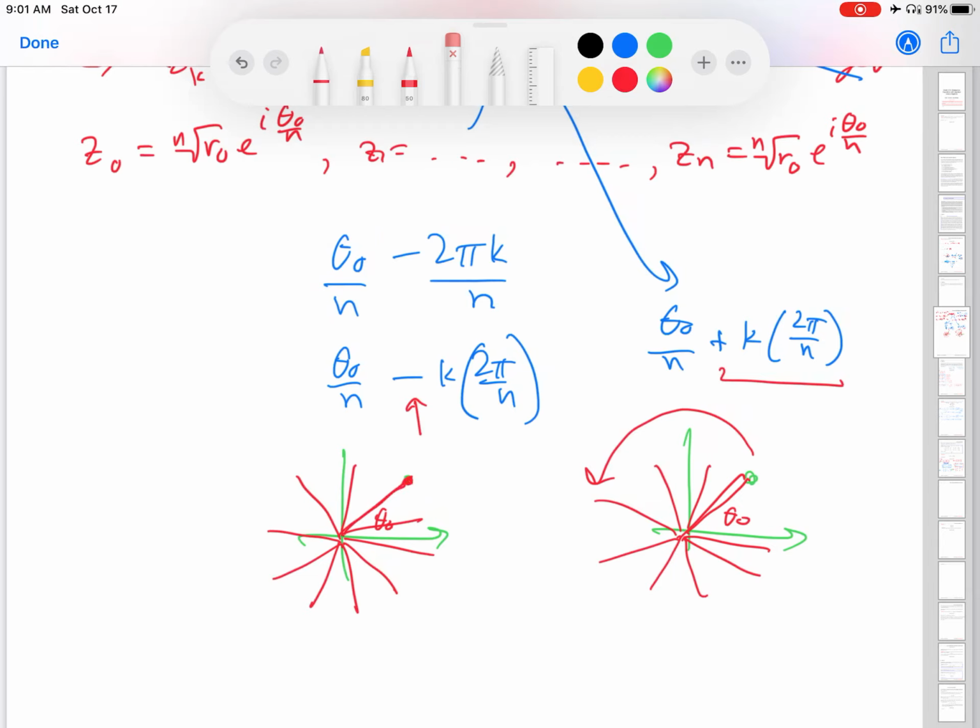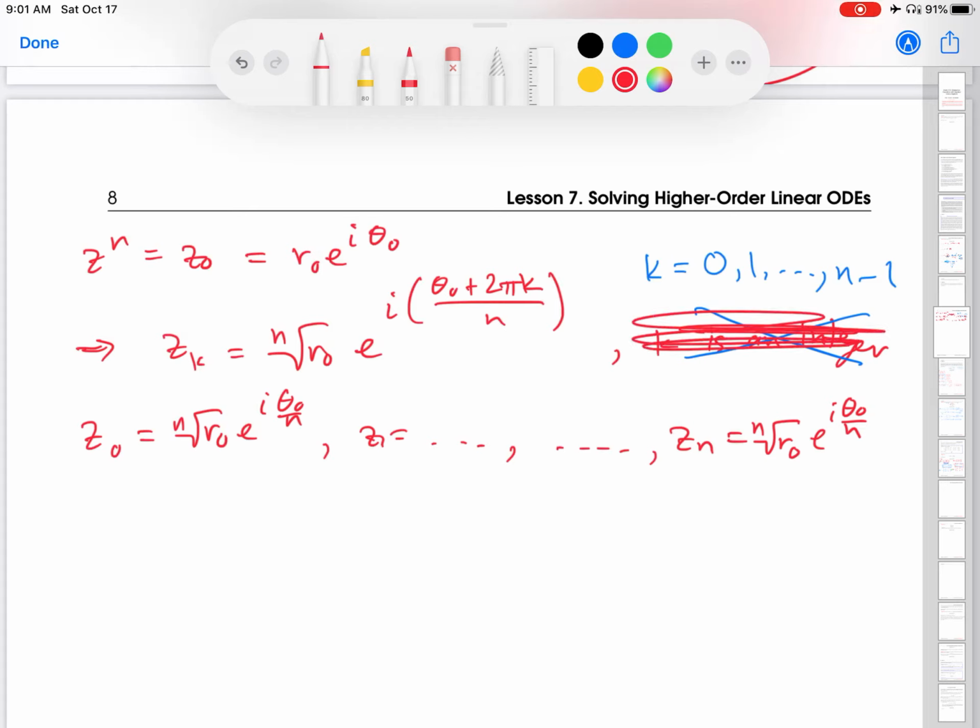So the grand conclusion of this analysis is that out of the infinite number of k values, the infinite number of integers that k could be, we really do not need most of them, right? We don't need most of them.